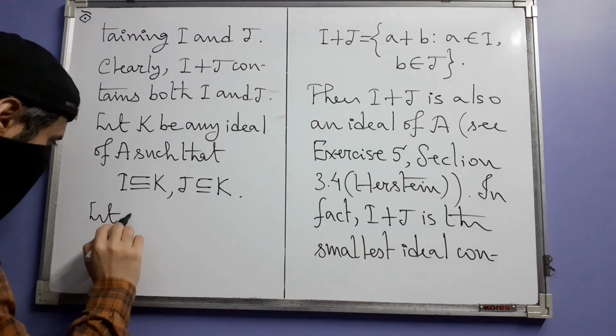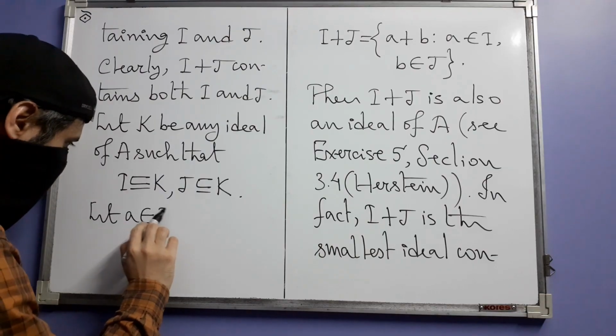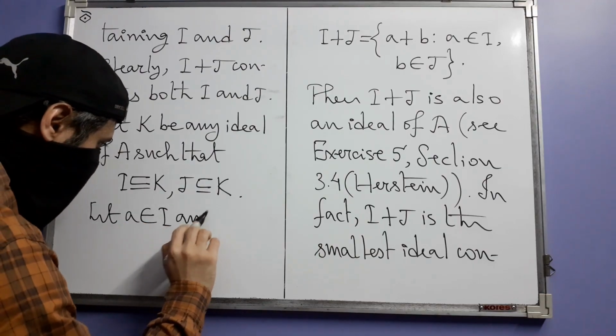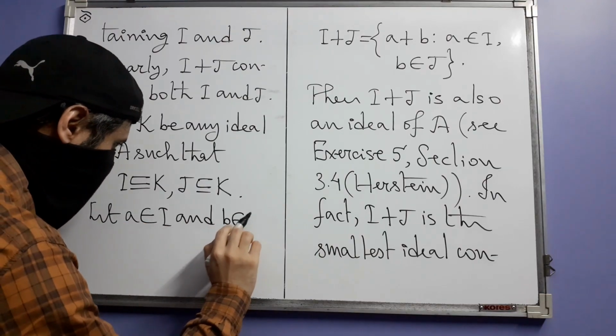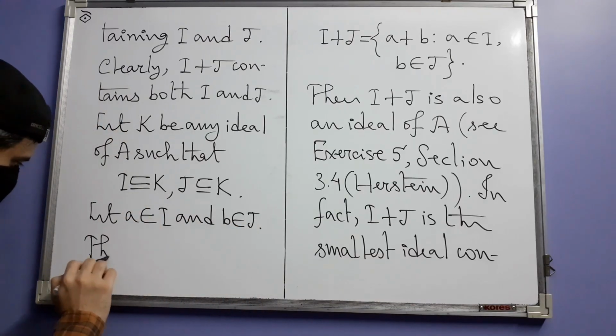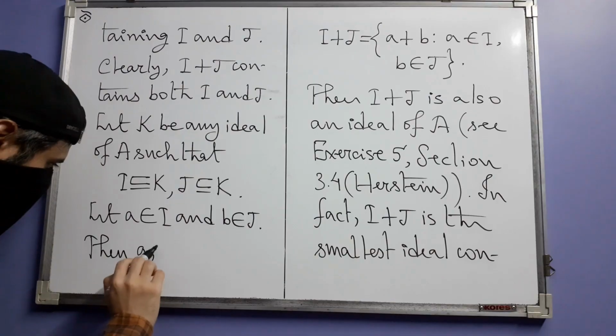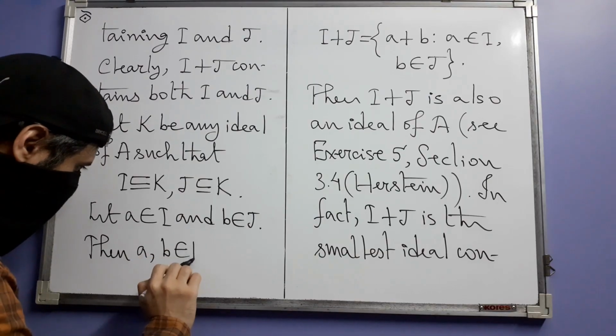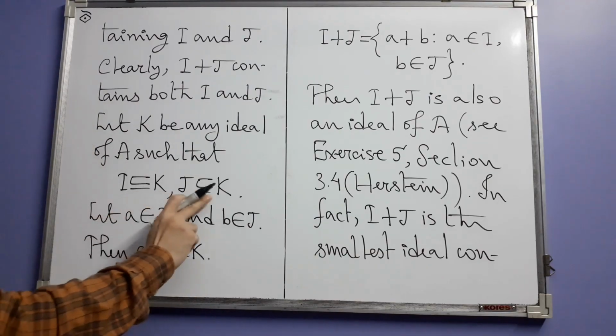Let a belong to I and b belong to J. Then a and b both belong to K because of these containments.